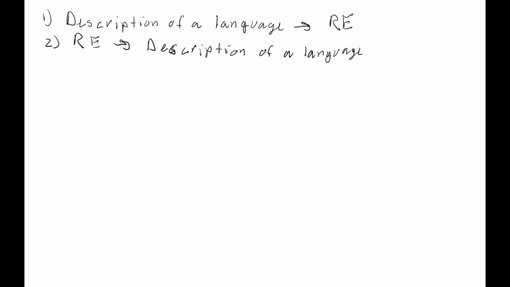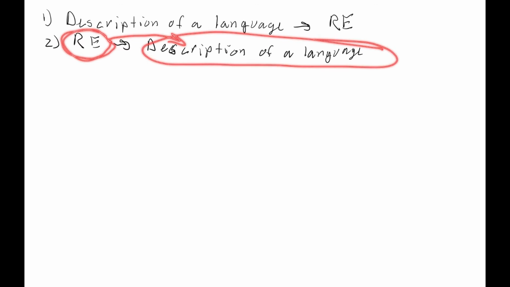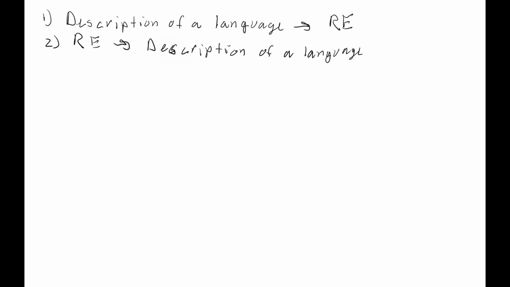That's one task. Another task will be that we have a regular expression and we have to come up with the description of that language. We'll be able to clearly state what words are in the language and what words are not. So let's start off with a regular expression and see if we can figure out what it means.